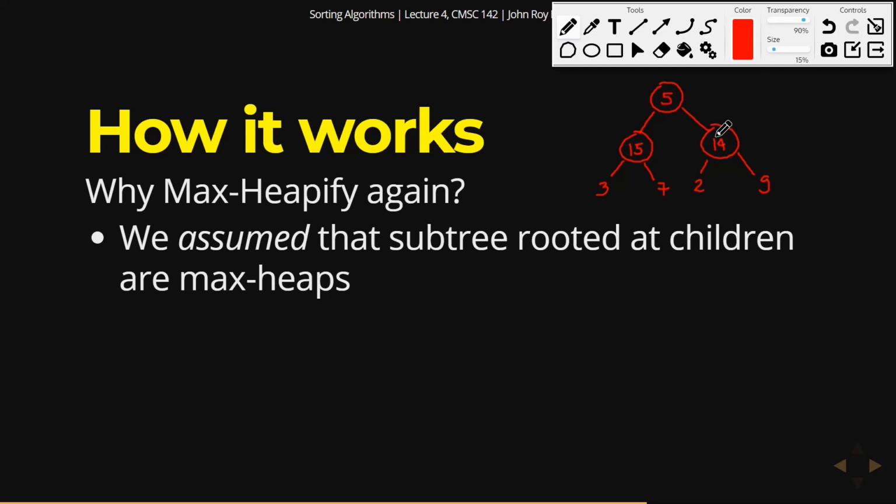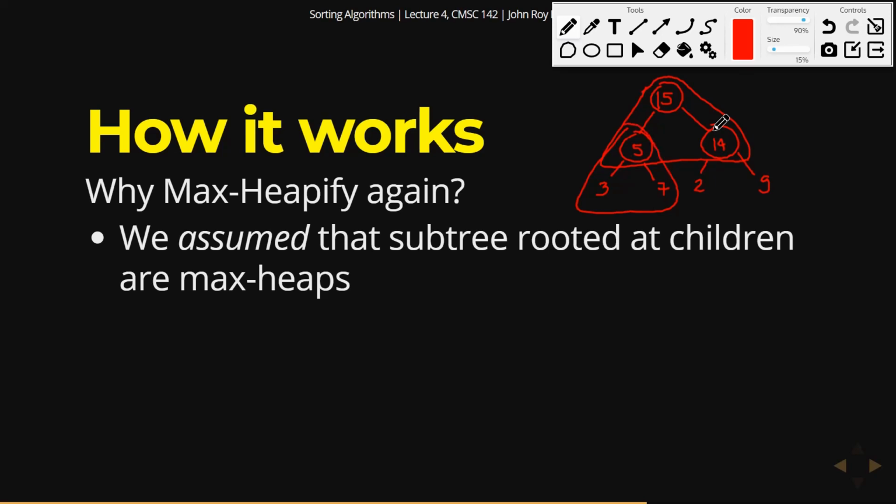So if we put a 5 here, we need to check between these three, right? Among the three, which one is the biggest? It's actually 15. So we need to swap 5 and 15, so that 15 will be here, and what should be here is 5. But if we stop here, this is not a max heap anymore, because this subtree does not follow the max heap property, since 5 is not the biggest among the three.